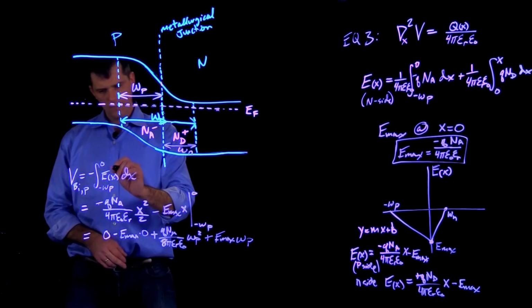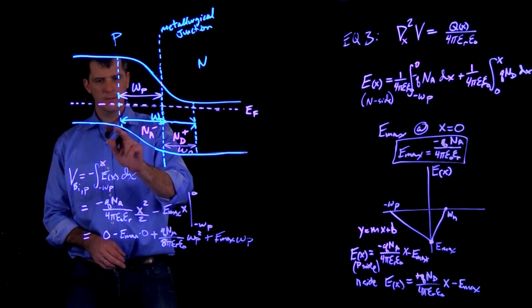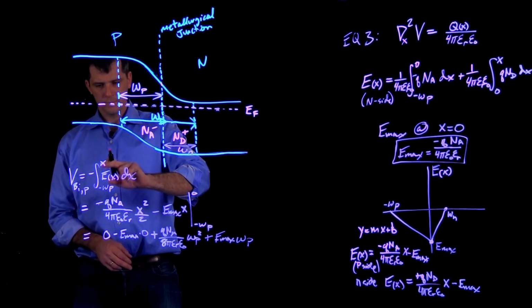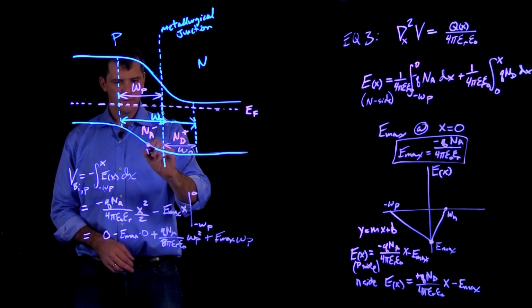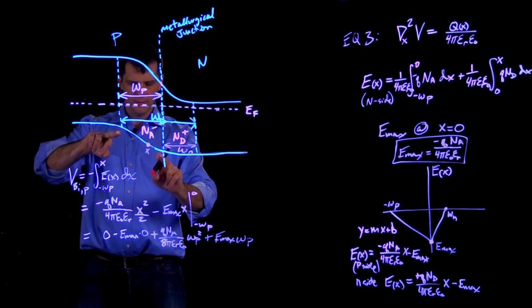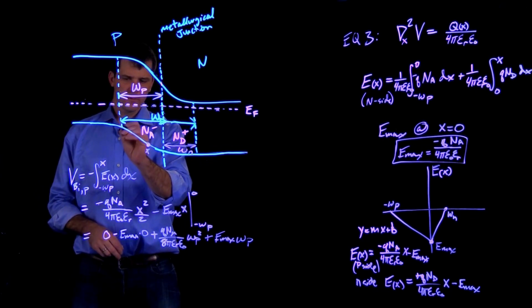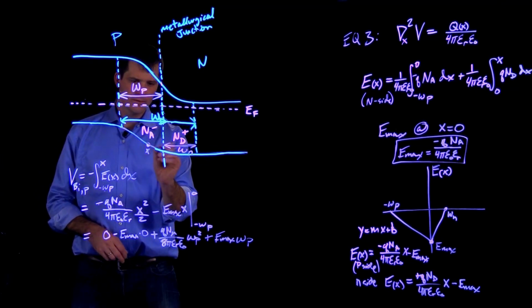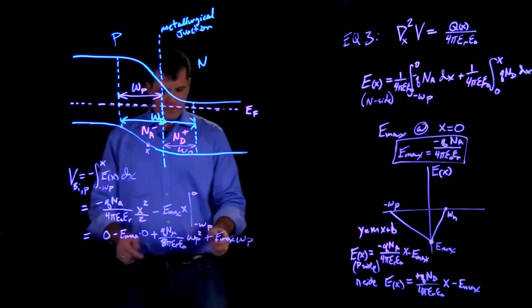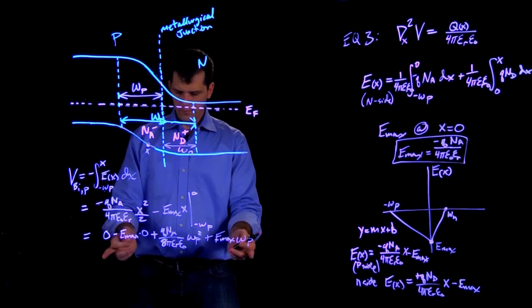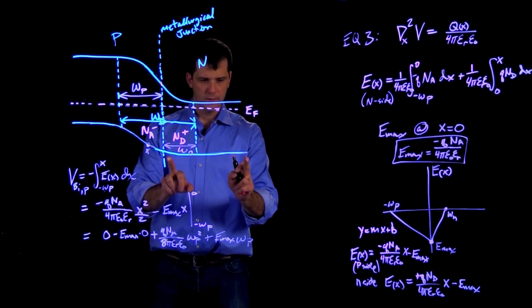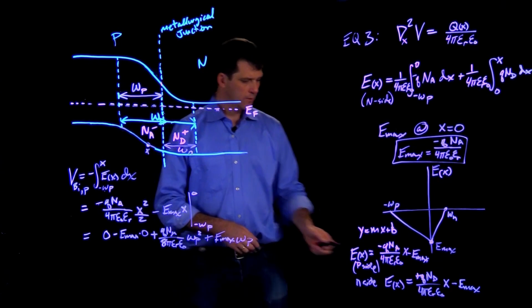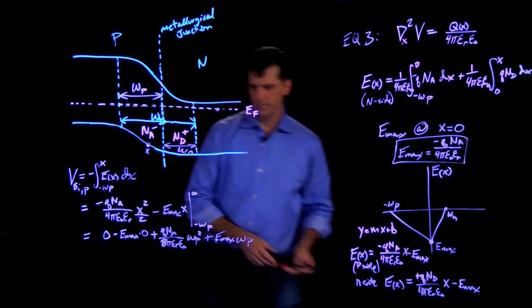So this describes a parabola if we integrate from negative Wp up to any point within this p-type region. This gives us this curvature here. And then if we go all the way to 0, we get this result. Then we can start our piecewise integration on this side using this function here.